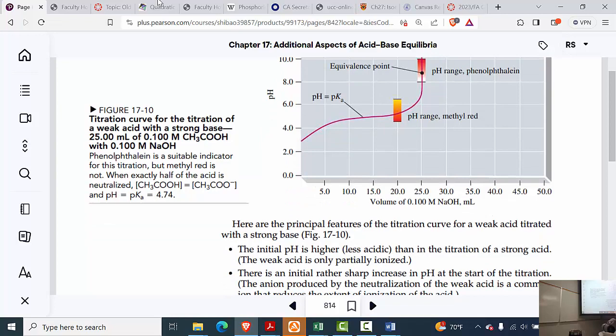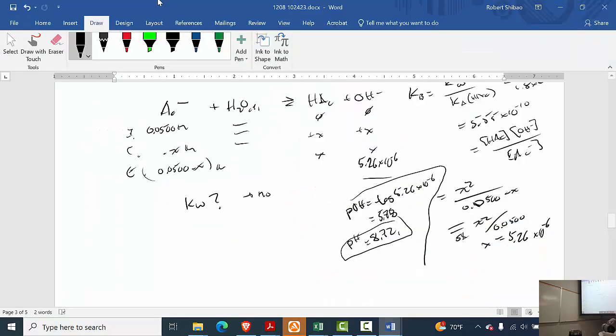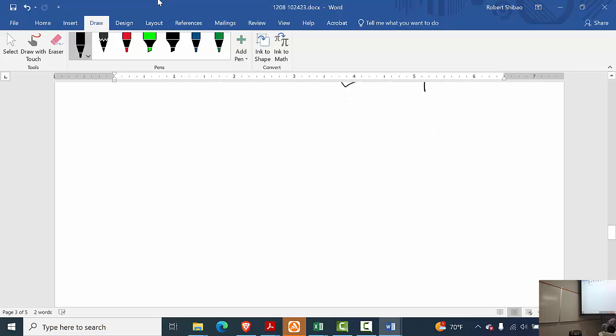And so let's take a look at another calculation here. We're going to add one more drop past the equivalence point. And so the next example is we're going to add 25.05. Okay, one drop is about how many milliliters, you know? Yeah, about 0.05.